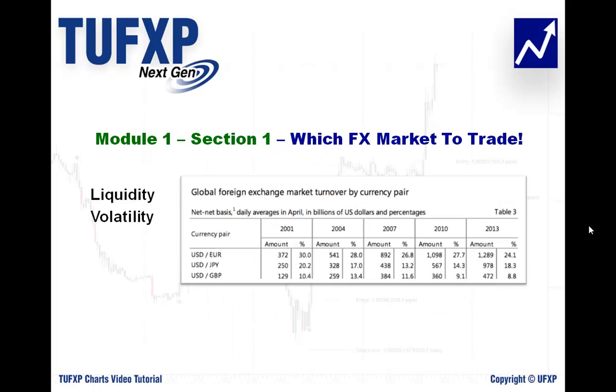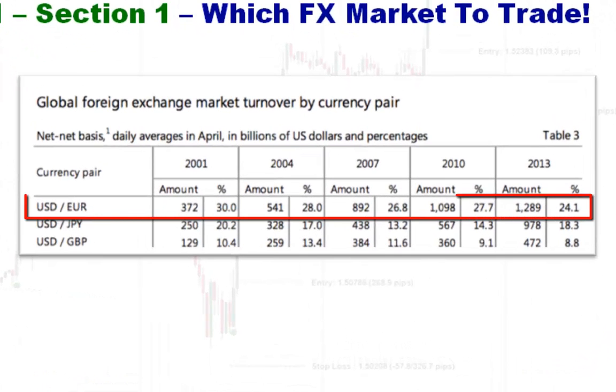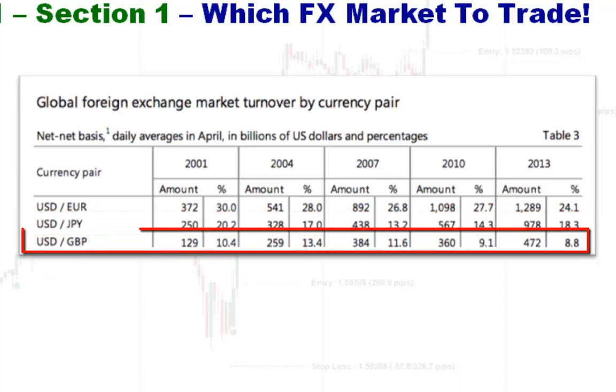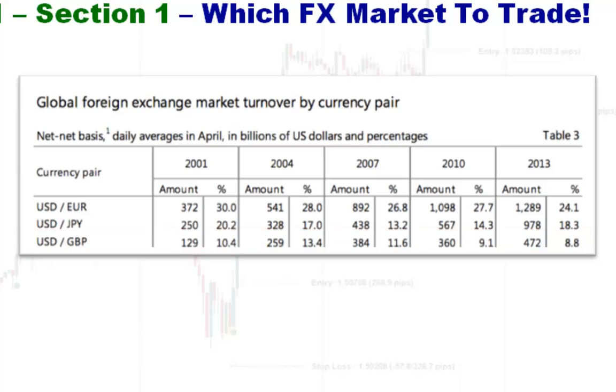The second component of which market to trade is volatility. Without price movement you can't make money. And if we look closely here, you can see that the number one market for turnover is the USD Euro, followed by the USD Japanese Yen, and then the USD GBP. As we live in the UK, I prefer to trade the GBP.